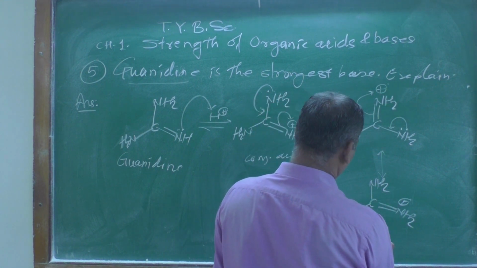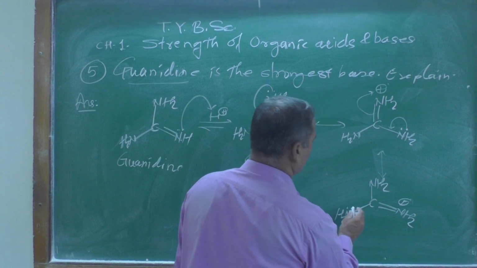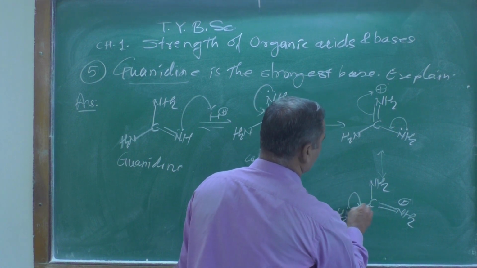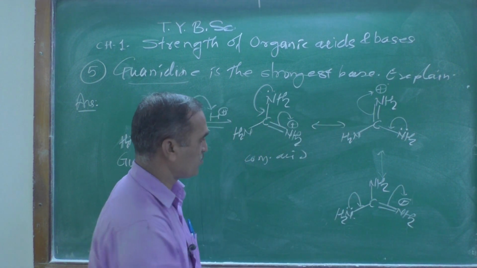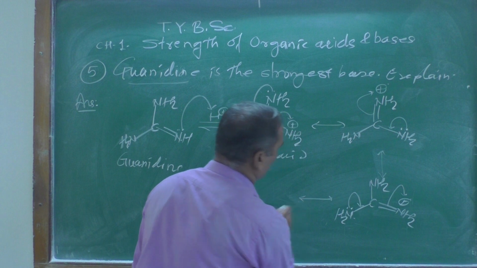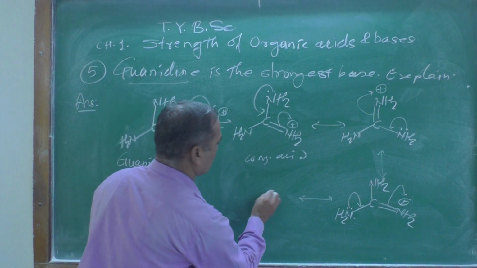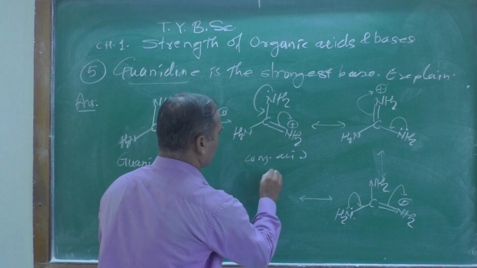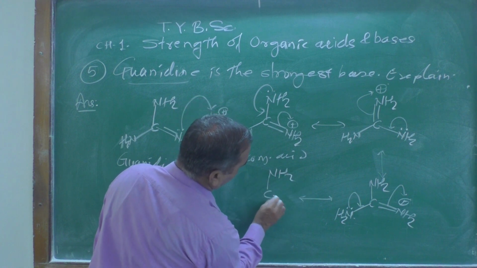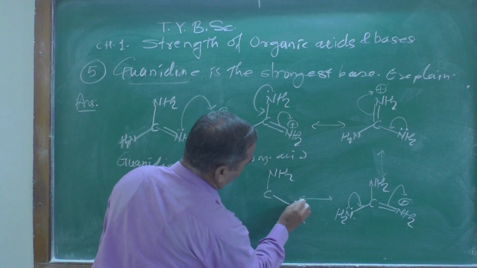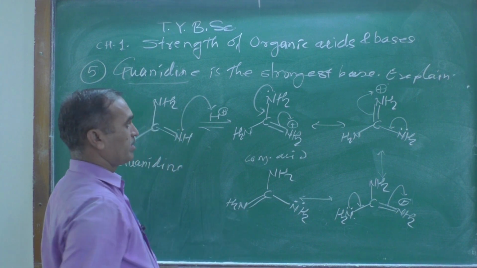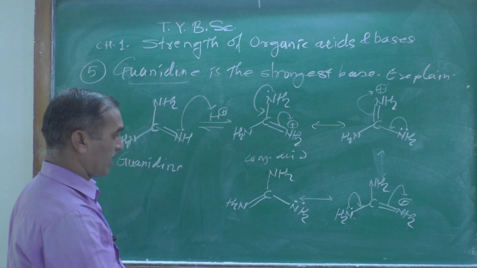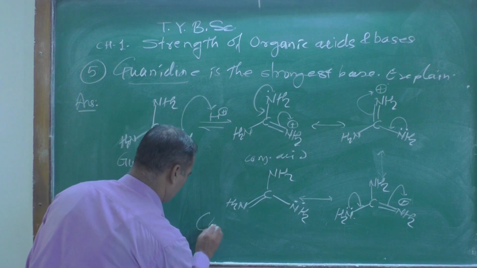Now here the lone pair which is present here forms a double bond, and this double bond neutralizes this positive charge, and we get the structure NH2, then here NH2, then double bond H2N. This means the conjugate acid is well stabilized.